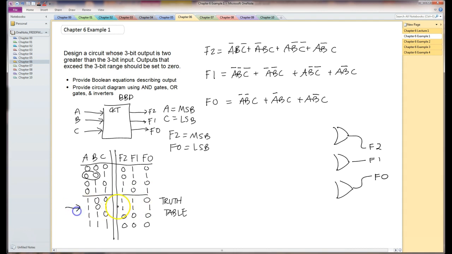If you look at this row, there's a 1 in each of these outputs, which means we only need 1 AND gate, and we feed that to all 3 of these OR gates. This is going to be A, B inverted, and C. That's not too bad. We saved a lot of time: instead of drawing 3 different AND gates, we reused the 1 AND gate 2 extra times.